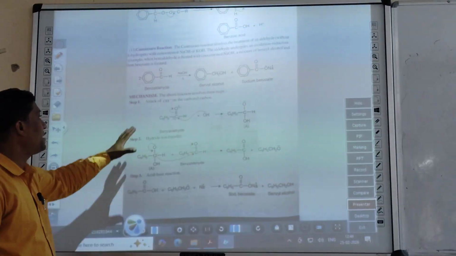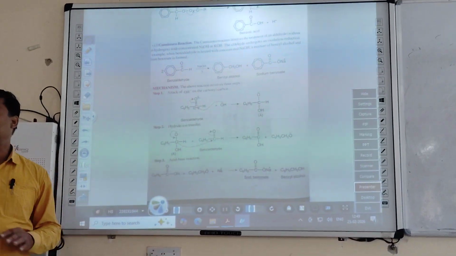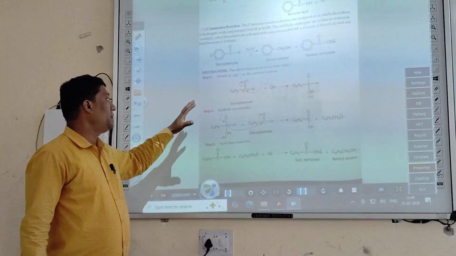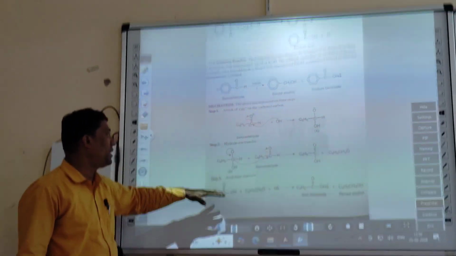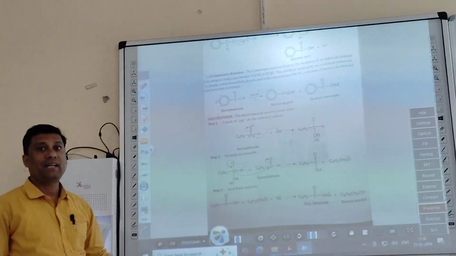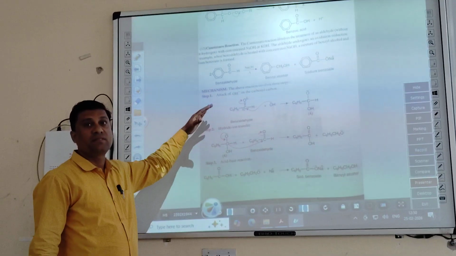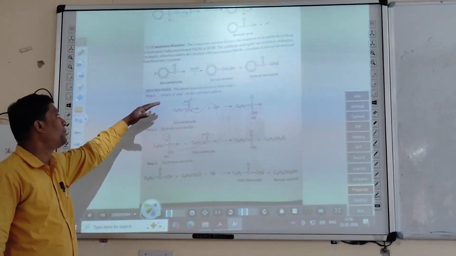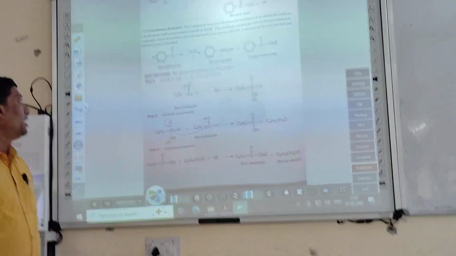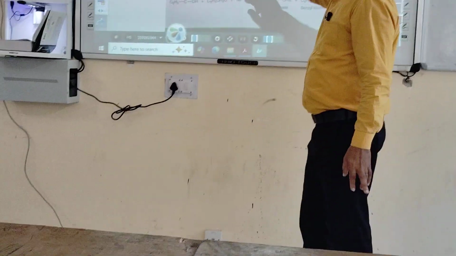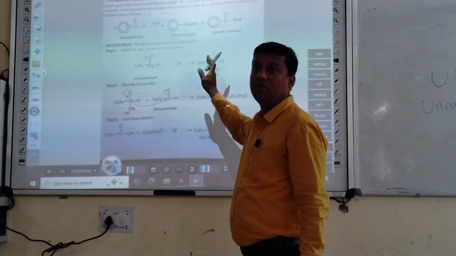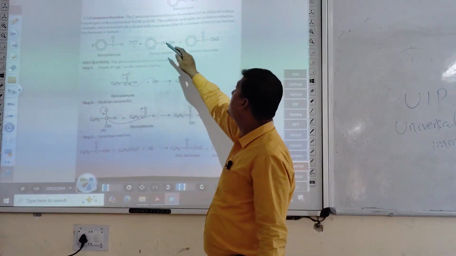What is the mechanism behind it? The Cannizzaro reaction takes place in 3 steps: step 1, step 2, and step 3. In step 1, OH minus attacks the carbonyl carbon.